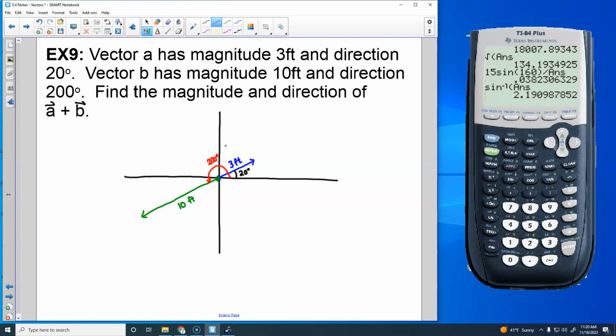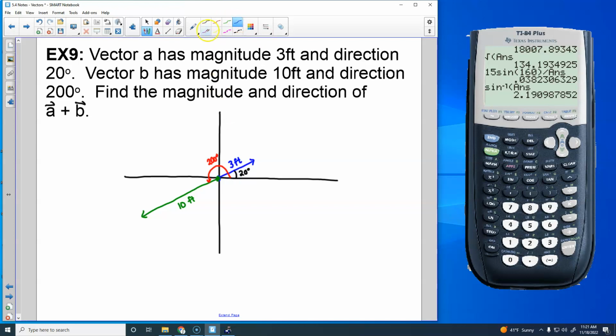They used feet here, but this is like tug of war, right? Somebody is pulling in this direction with the 3 foot force. The other one's pulling with a 10-foot force. What's going to happen? It's going to go in the direction that has the greater force, and you'll subtract the two. So for our resultant vector, you cannot make a parallelogram for this because it's a straight line. You can't really draw it out.